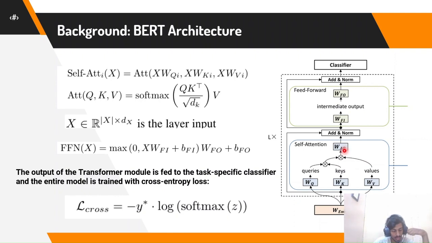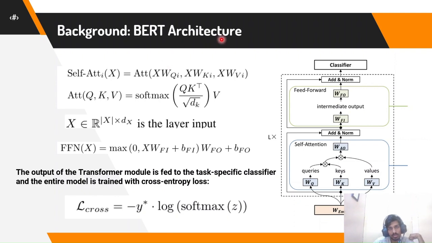In these H parallel attention heads we have WQi, WKi and WVi for each of these self attention heads. So we are going to compress each of those, as we will see later.